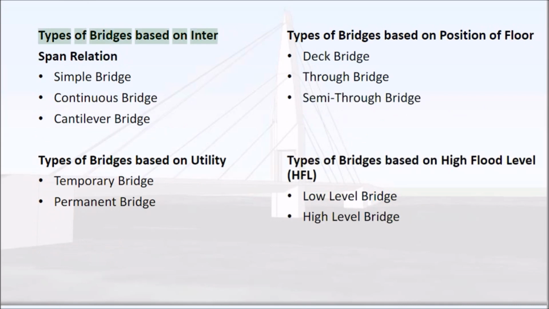Types of bridges based on span relation: simple bridge, continuous bridge, cantilever bridge. Types of bridges based on utility: temporary bridge, permanent bridge.